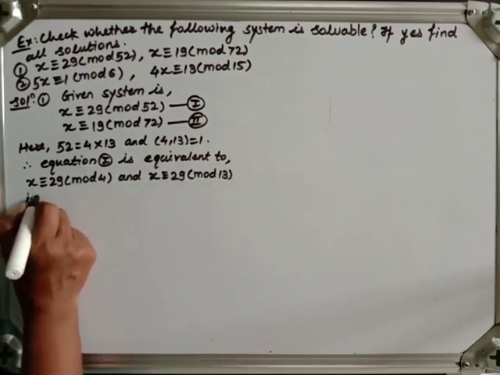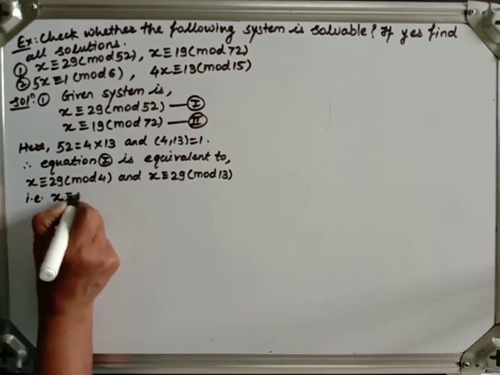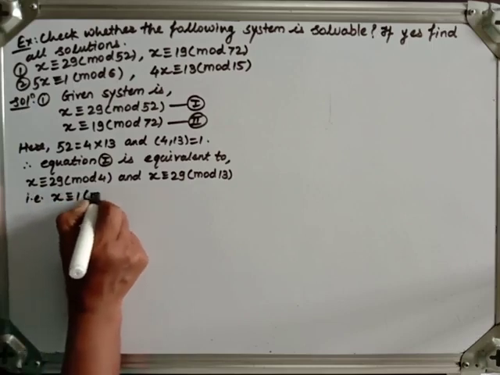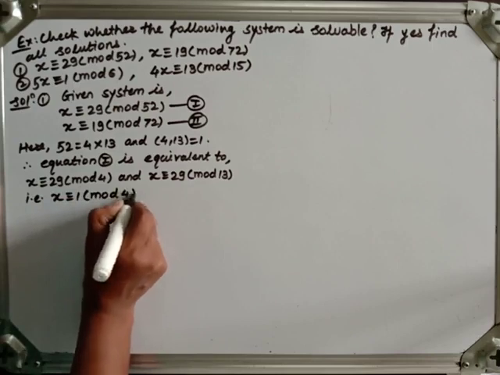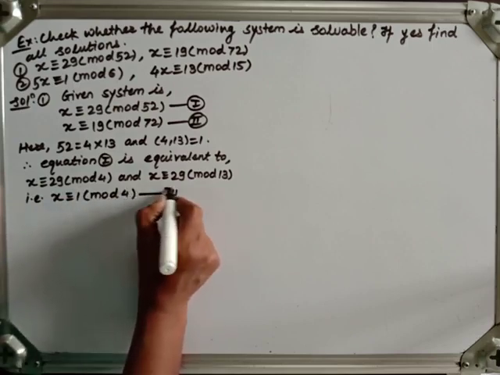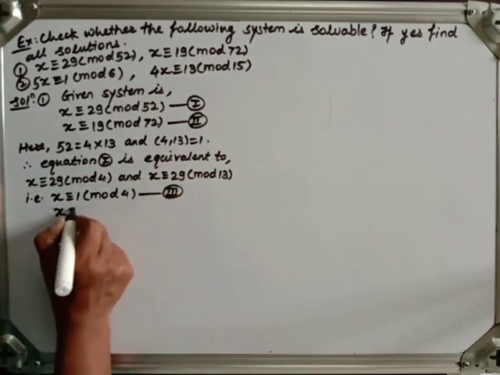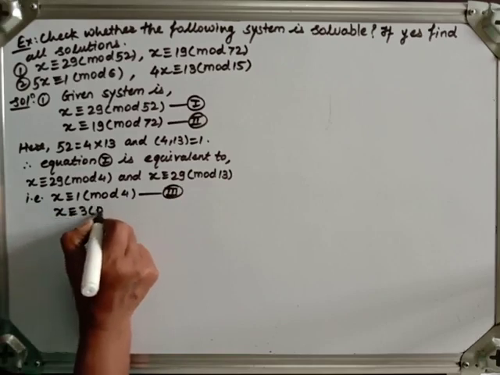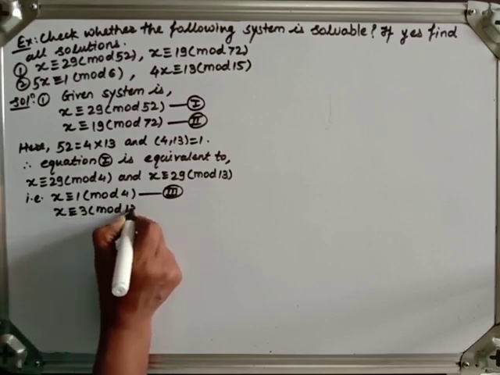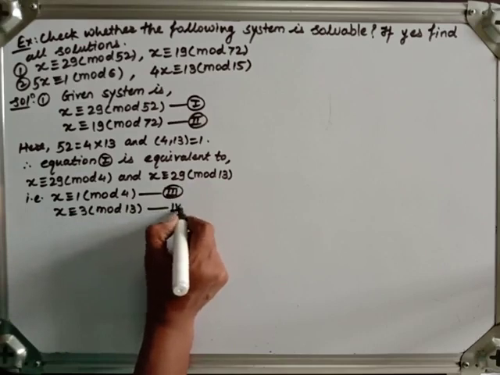That is x congruent to 1 modulo 4, call it equation number 3, and x congruent to 3 modulo 13, equation number 4, suppose.